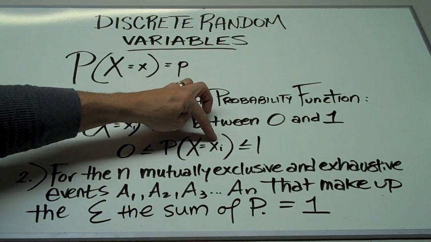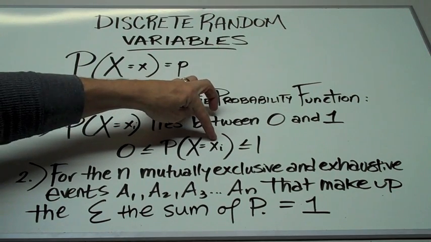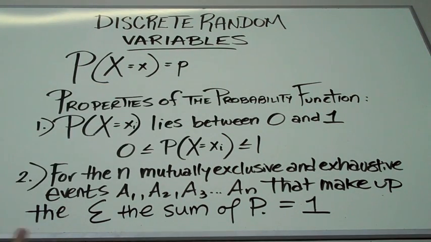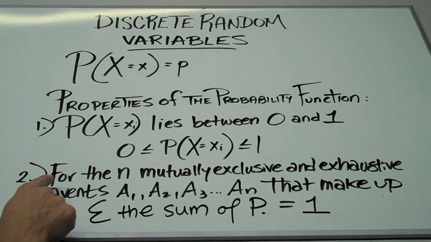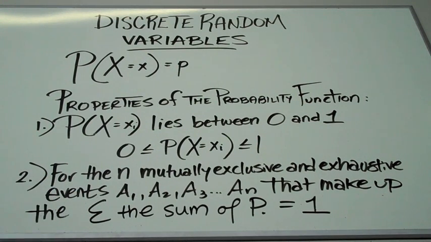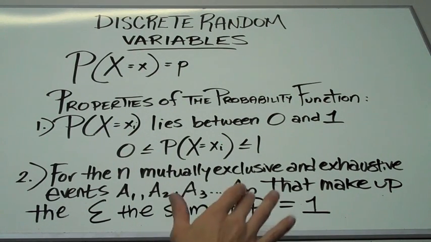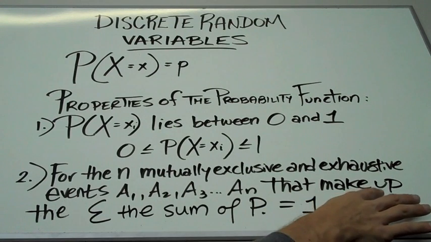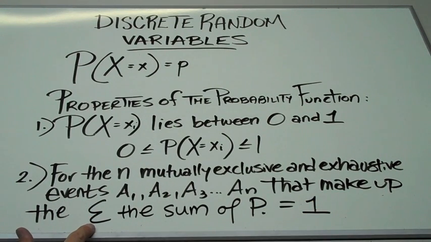I had 3 different discrete random variable values. If I take the probabilities of each of those, I'm going to get 1. That's what this means. For n mutually exclusive and exhaustive events, for our example, that would be a head value of 0, a head value of 1, or a head value of 2 on two flips of a coin, for all of those events that make up our sample space, S, which we saw as U before with Venn diagrams, the sum of our individual probabilities is 1.